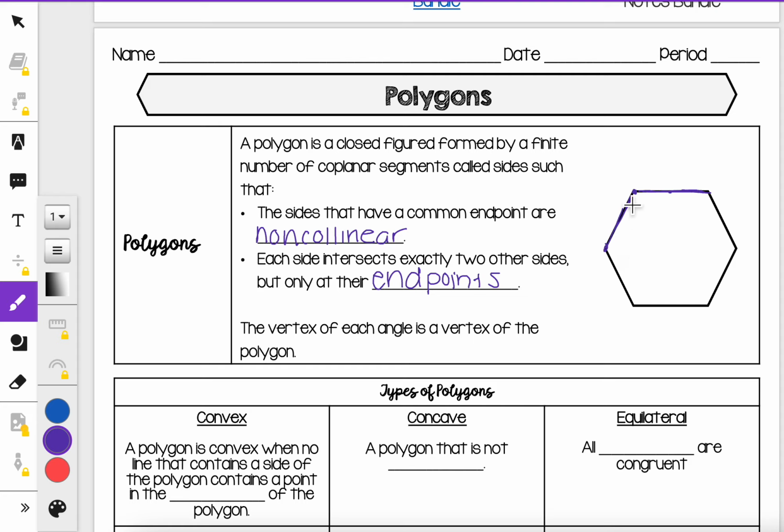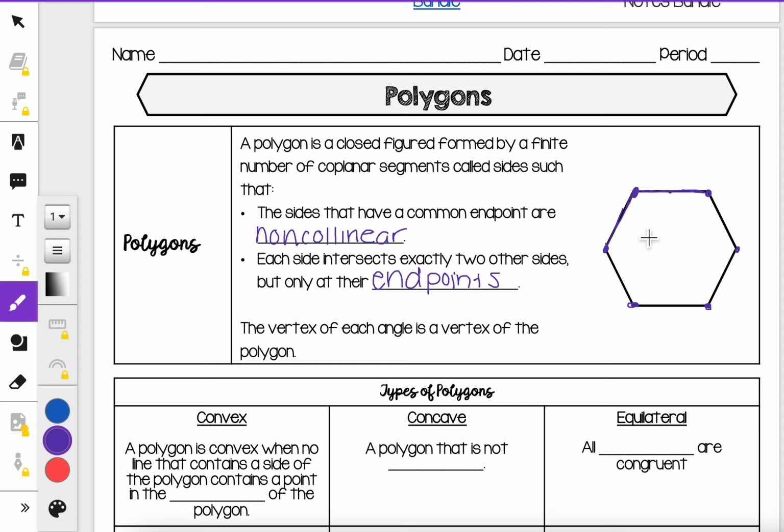And the vertex of each of those angles that are formed is also called the vertex of the polygon. All right, so at each of those endpoints, we call those endpoints the vertices of the polygon.